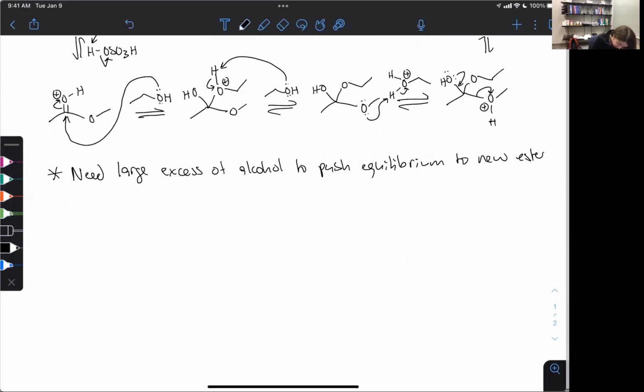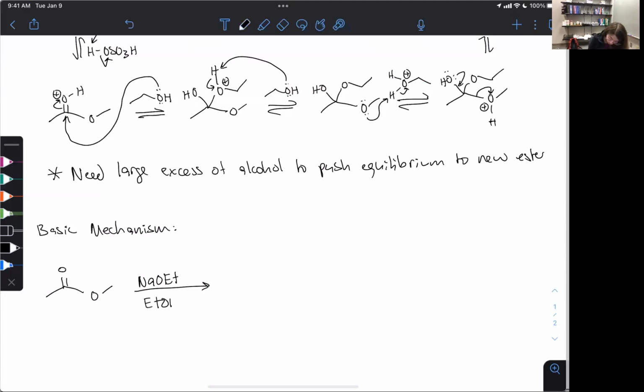Okay, so the basic mechanism, like we've seen with the other basic mechanisms, tends to be quite a lot easier because there's less we need to worry about in terms of proton transfers. So if we start off with this ester, and let's just use something like sodium methoxide, you would normally pair this up with the alcohol version of whatever your nucleophile is.